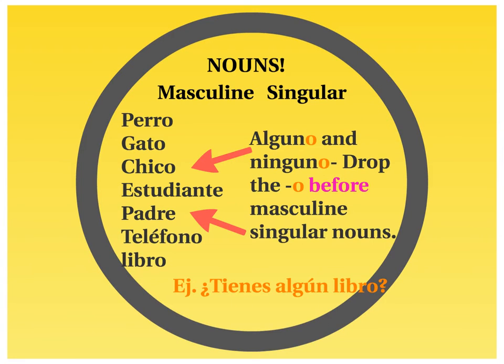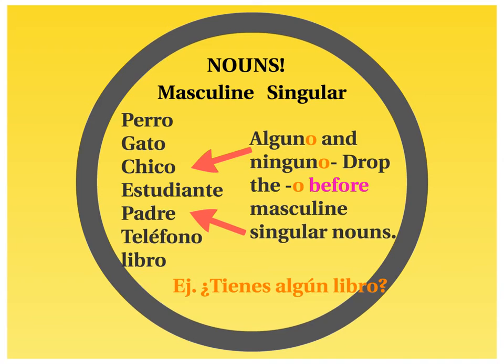Okay, nouns. The words alguno and ninguno, I told you we took those out of the curriculum. The reason is that kids have a really hard time with this concept specifically. But I think it's important that you know, as young language learners, it's always a really great idea to learn correctly the first time.